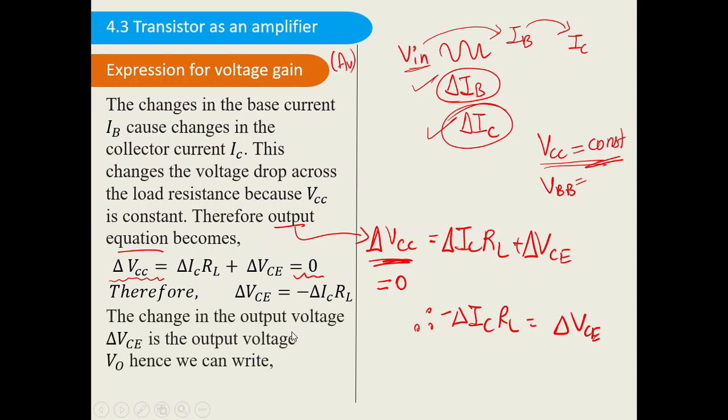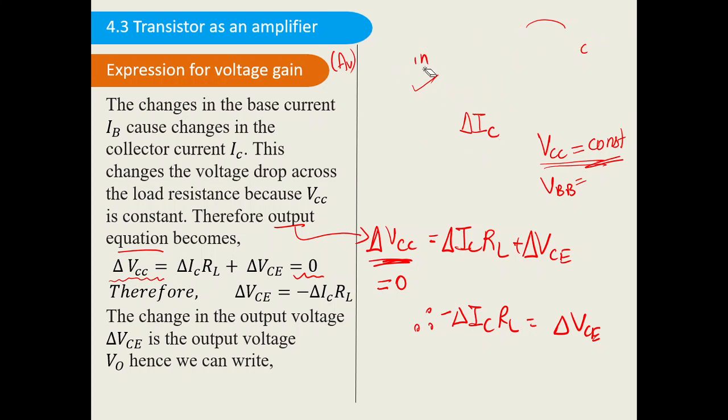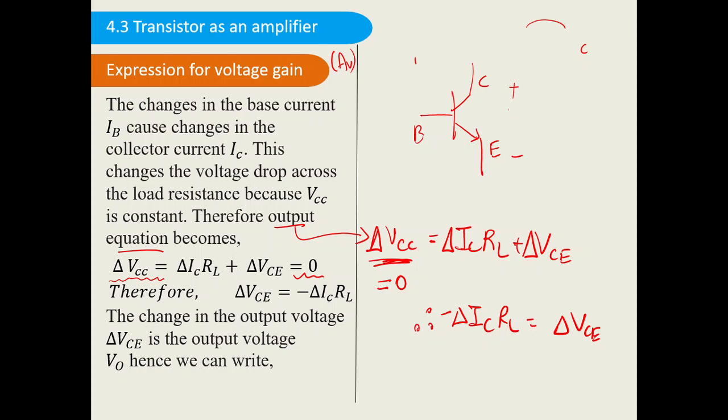Now we will consider the changes in the output voltage, that means delta VCE. Delta VCE is present on the output side. If you remember, the circuit diagram was like this: the transistor with C, E, and this was the base. This was the output side, and plus minus VCE was there on the output side.